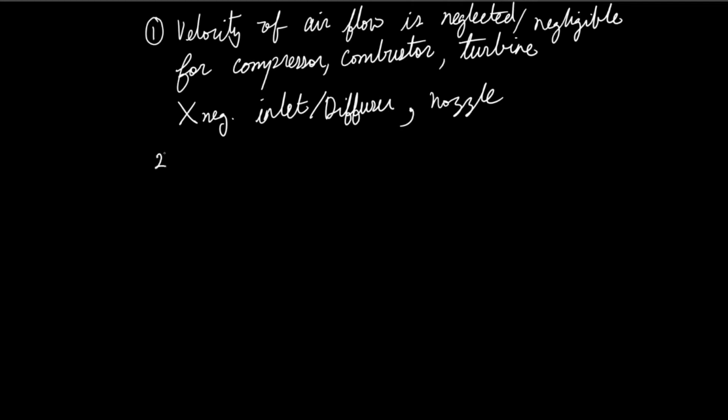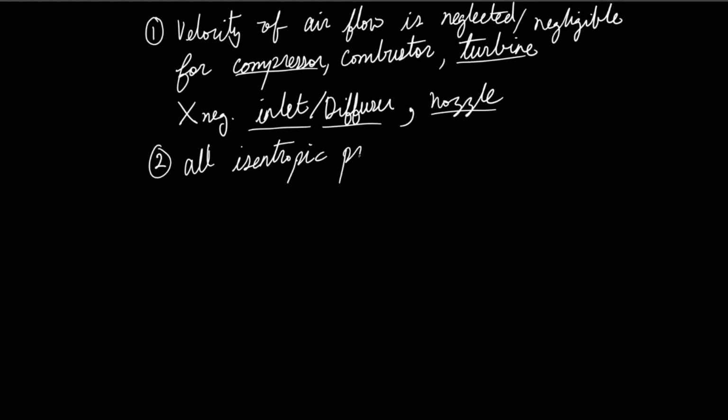The second assumption we use is that all parts, so inlet, diffuser, nozzle, compressor, and turbine, operate isentropically. So they're all isentropic processes. An isentropic process is not a complicated concept, but it's a very fundamental concept.